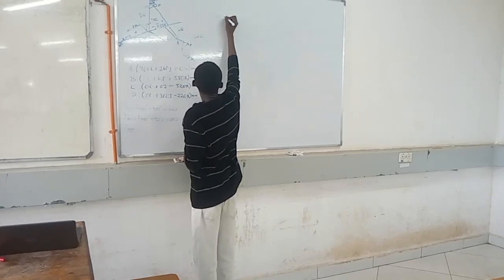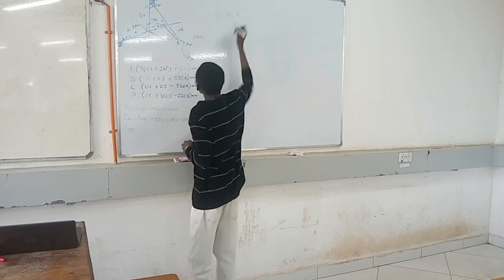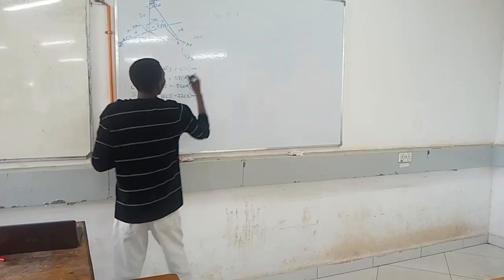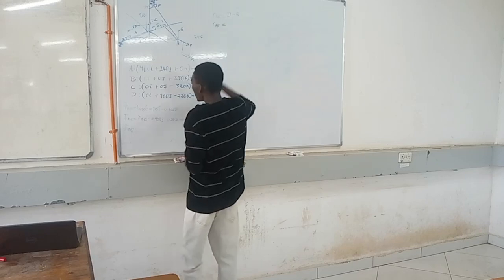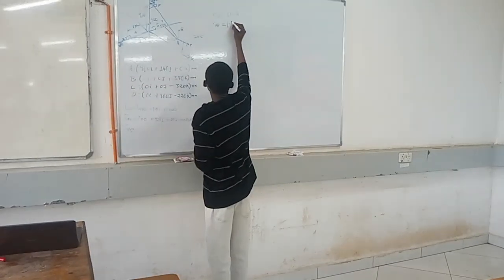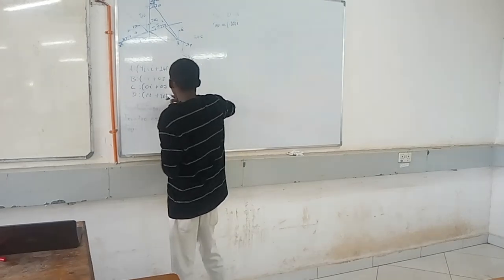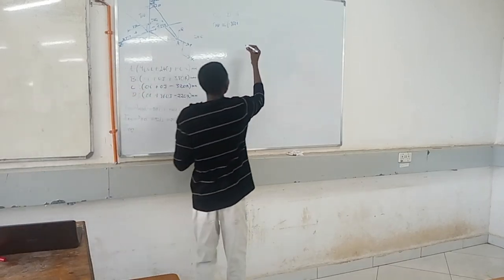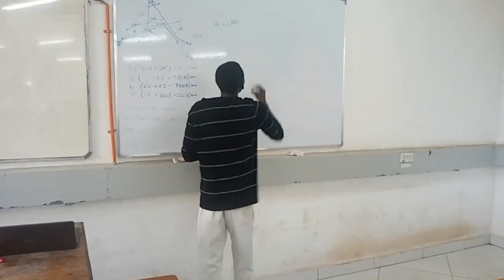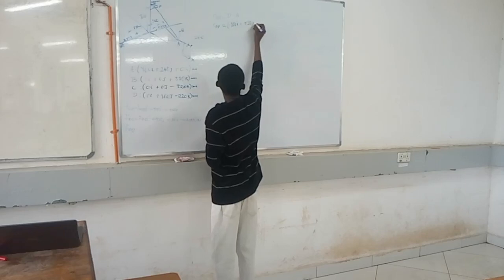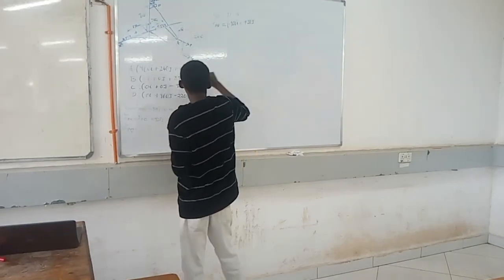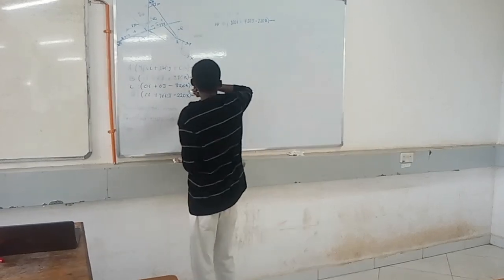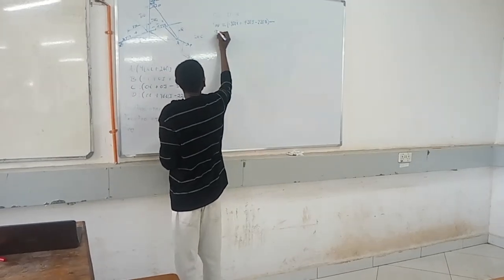Our AD is equal to D minus A. We're going to subtract D and A. So AD is equal to D minus A, which is 0 minus 960, that is negative 960 I. 960 minus 240 is positive 720, so 720 J. Negative 220 minus 0 is negative 220 K millimeters.